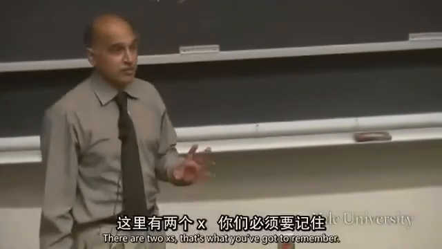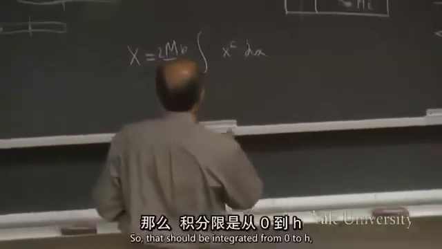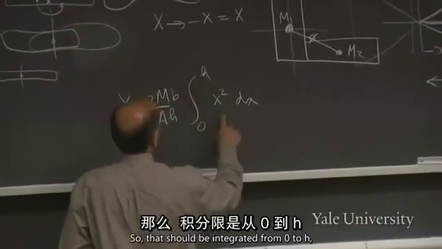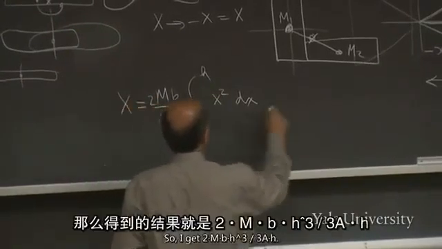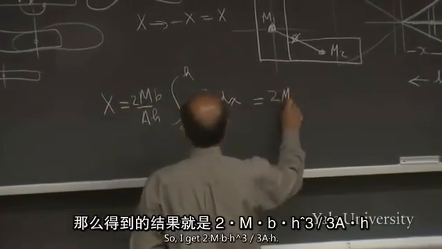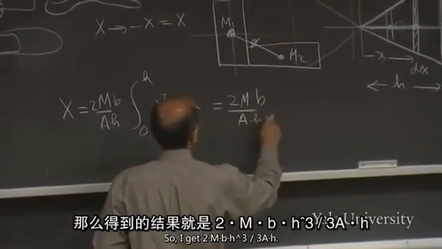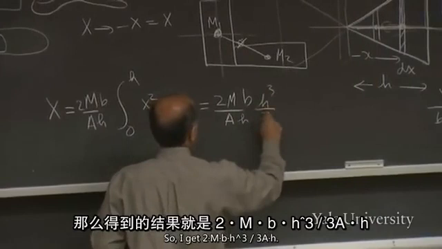So there are two x's. That's what you got to remember. So that should be integrated from 0 to h. That'll give me h cubed over 3. So I get 2mb over A times h cubed over 3.